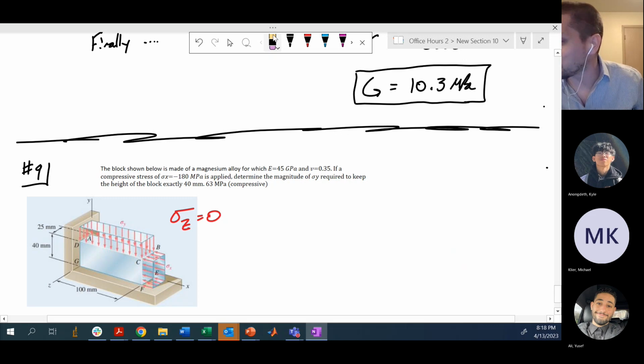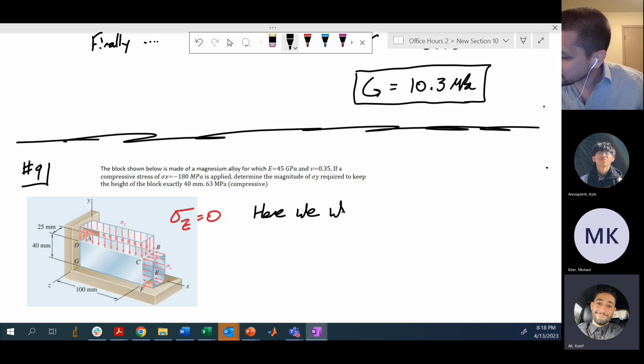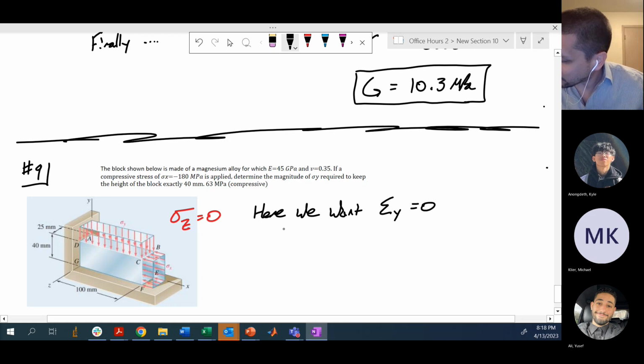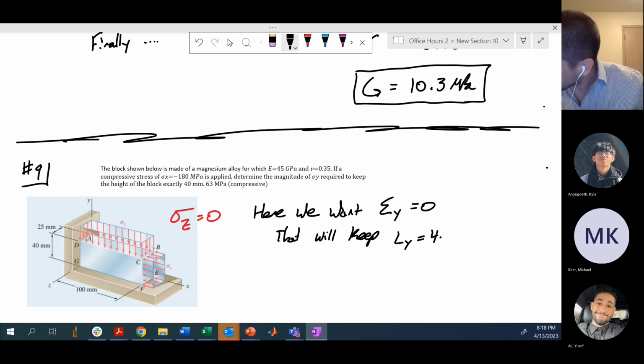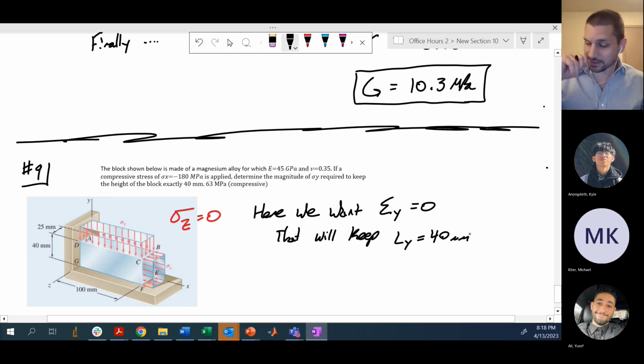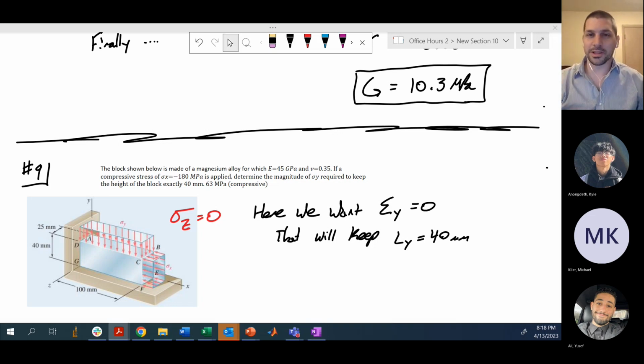And which strain do we want to be 0? The strain acting in the y direction. Yep. Because that'll keep y at 40 millimeters. Okay, so that's all there really is to it.